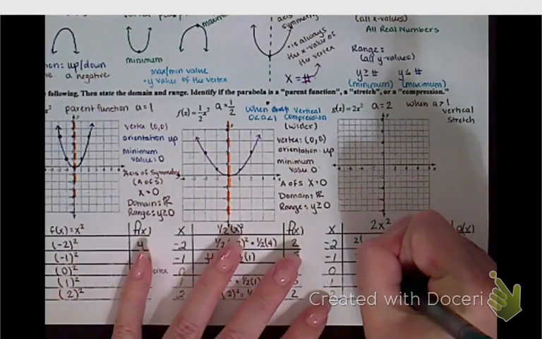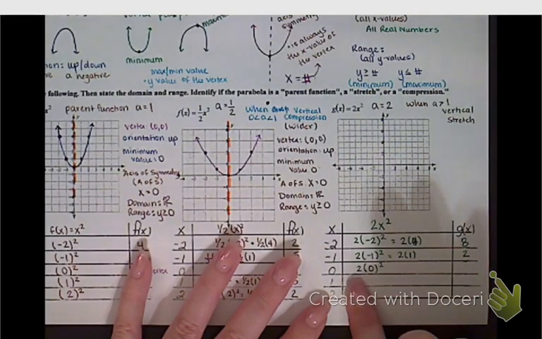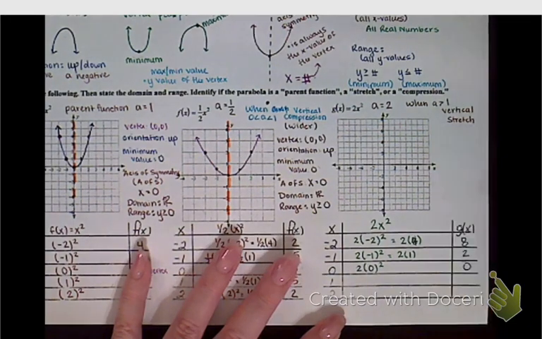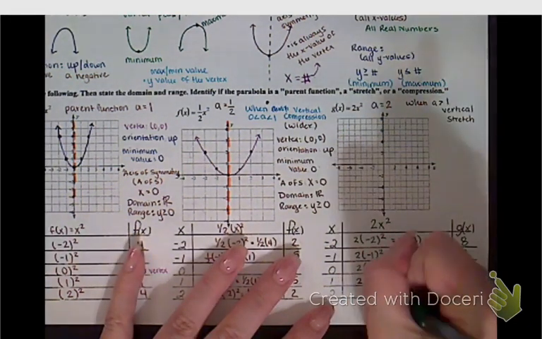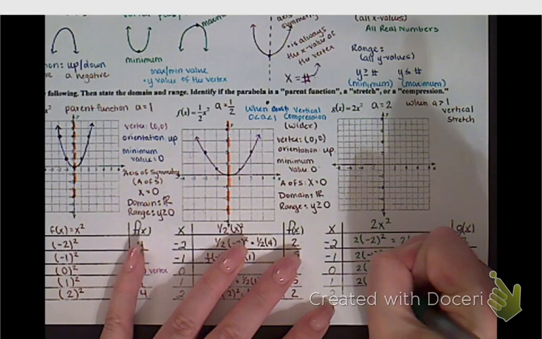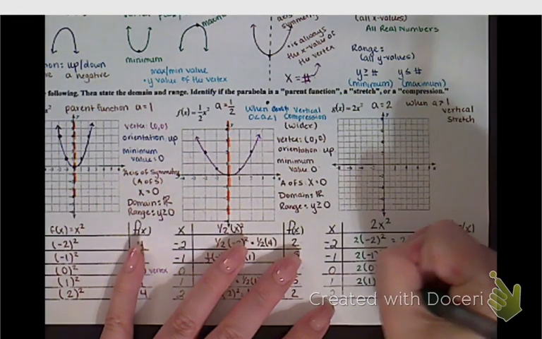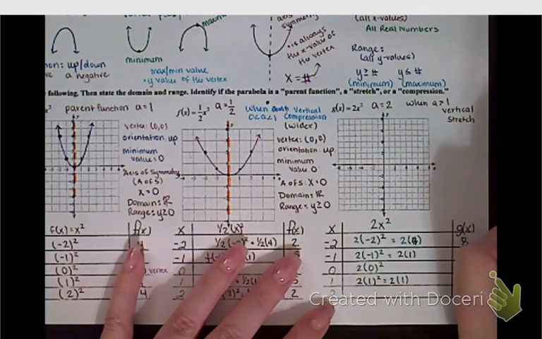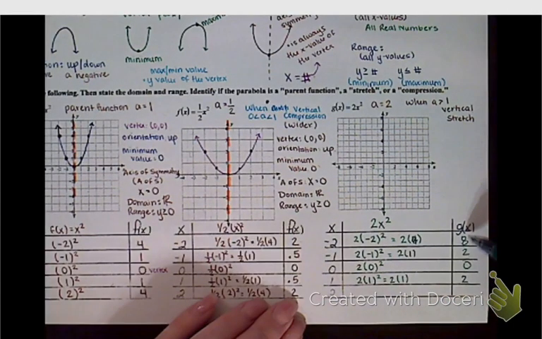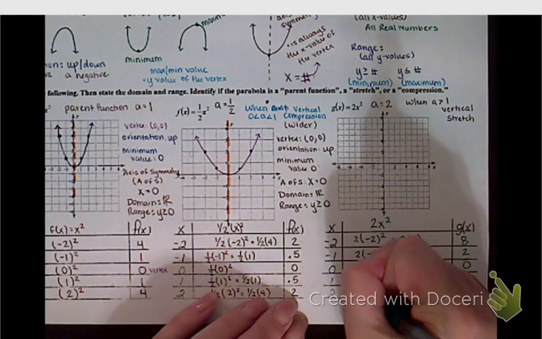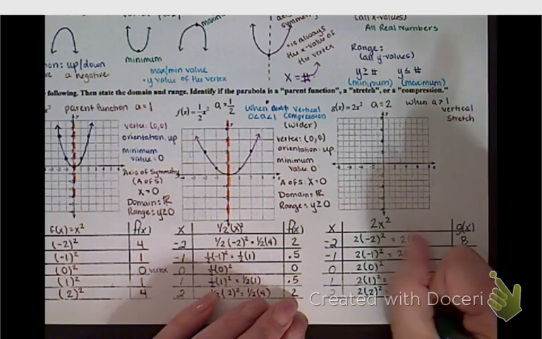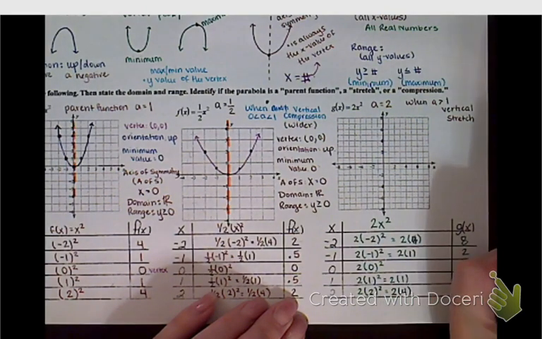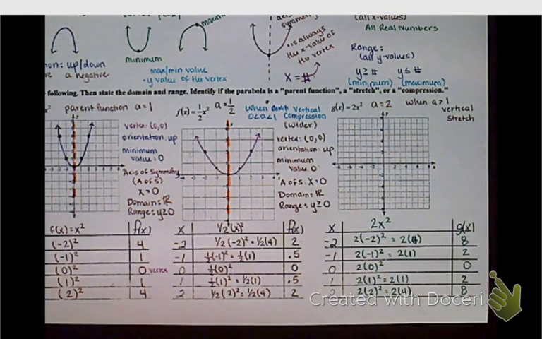If I plug in 0, 0 squared is 0, times 2 is still going to give me 0. I'm going to plug in 1. So that's 2 times 1, which is just 2. And again, there should be symmetry. So this value should be 8. Let's see. 2 squared is 4. 2 times 4 gives me 8.